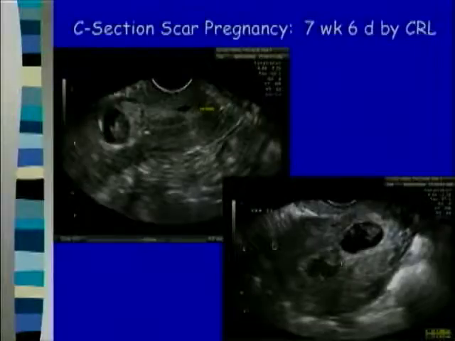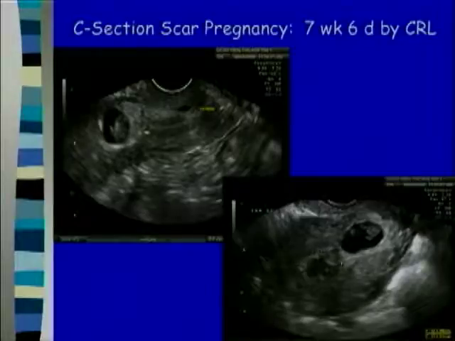and she had a normal intrauterine pregnancy. Now this was a patient that came to us at 7 weeks, 6 days as a possible cervical ectopic or a C-section scar ectopic pregnancy, and that's what she turned out to be. And how it unfolded was you could see the sac, and there was the endometrium on the 2D ultrasound, and you didn't know exactly where it was.